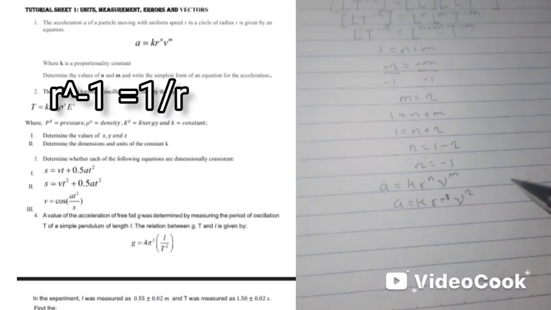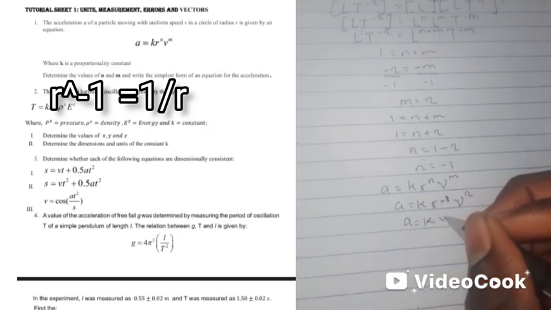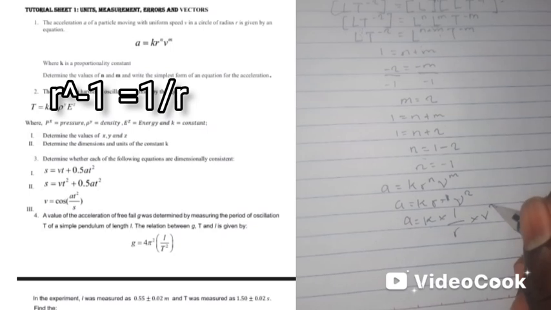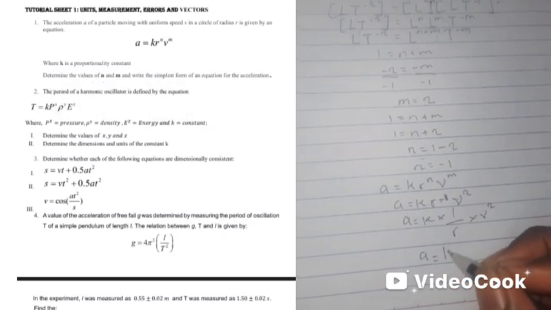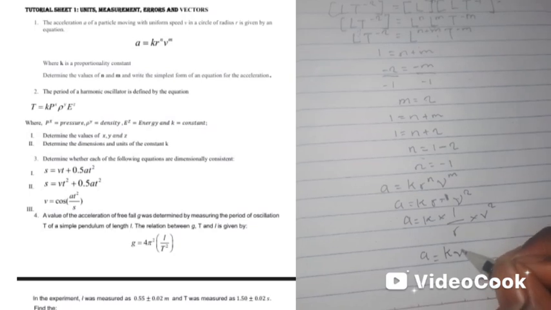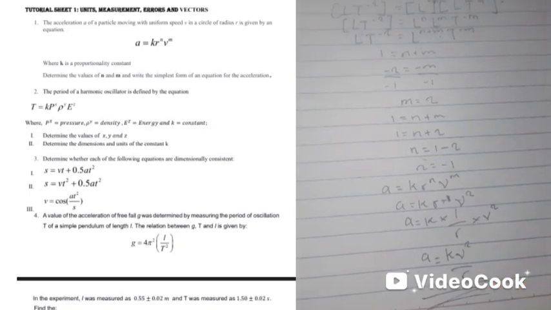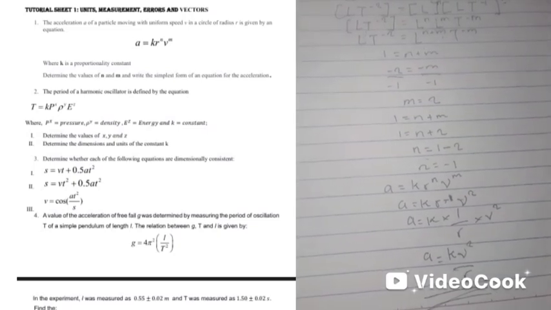That can be expressed as a fraction over 1. So that's a is equal to k multiplied by 1 over r multiplied by v squared. So a is equal to k v squared over r, and that's how you express it in its simplest possible form. So that's question 1.